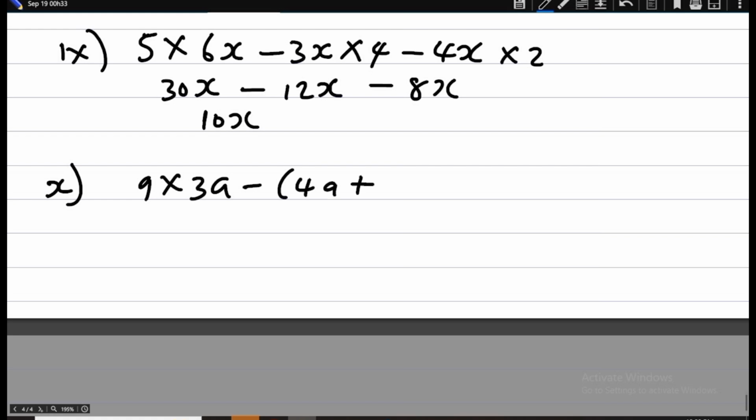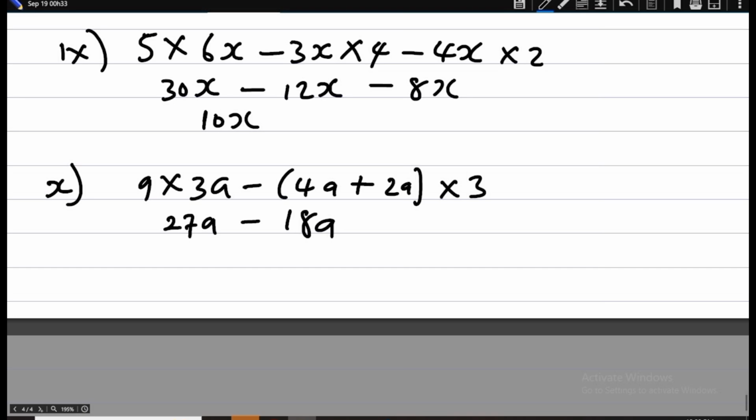First of all, 3 times 9 is 27. So I have 27a minus, inside there is giving me 6a. 6a times 3 will give you 18a, since 3 times 6 is 18. So I'm going to have 27 minus 18, which will give us 9a. So everything here is giving us 9a.